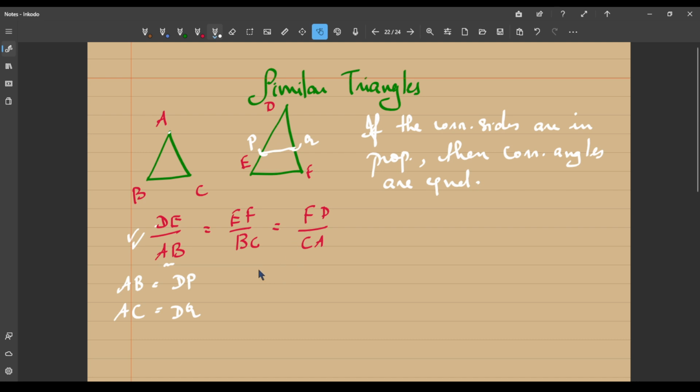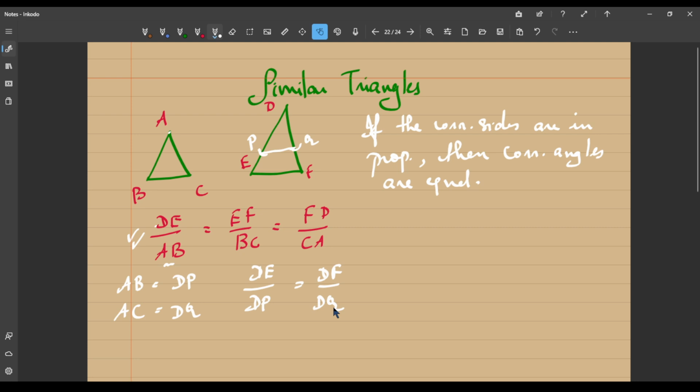So let me start from the beginning. We have DE by AB is equal to DF by AC. So instead of AB, I'm just going to write DP, because AB is equal to DP, and instead of AC, let me rewrite it as DQ. So DE by DP and DF by DQ.